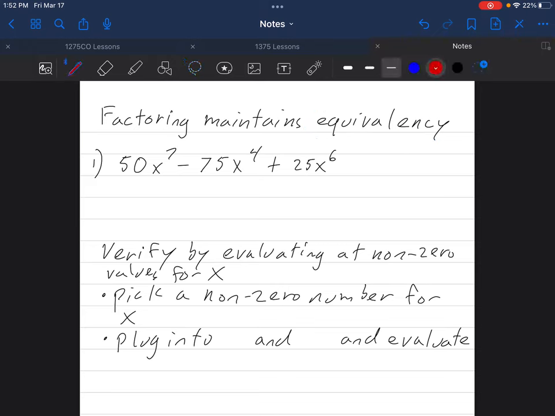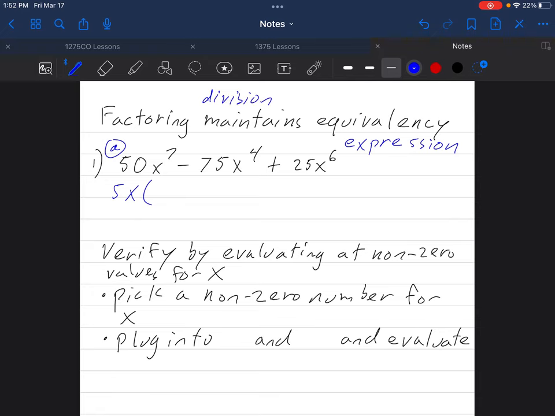This expression that I have given here, I'm going to call expression A: 5x to the 7th minus 75x to the 4th plus 25x to the 6th. Now this can be factored by using a common factor of 5x.